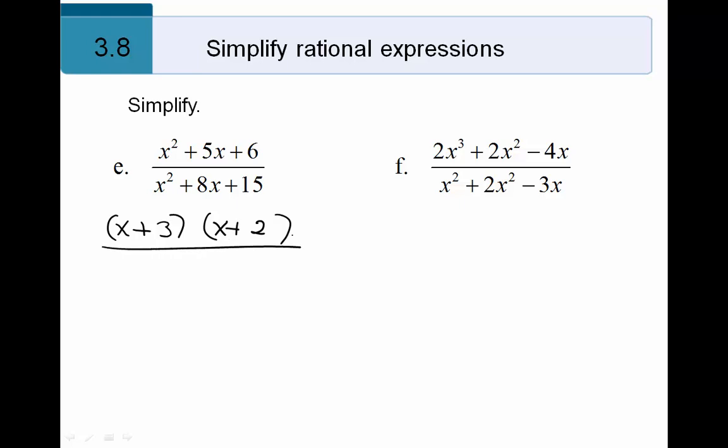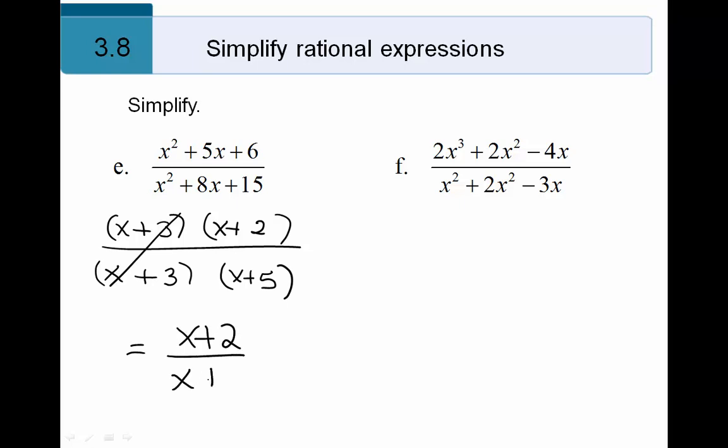On my denominator, x times x, factors of 15, 3 and 5. Both positive. x plus 3 divided by x plus 3 is 1. So you're left with x plus 2 divided by x plus 5.